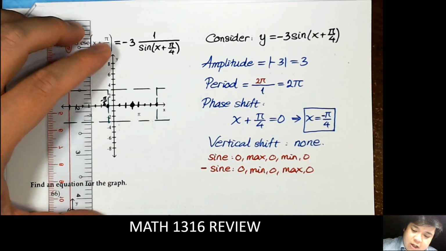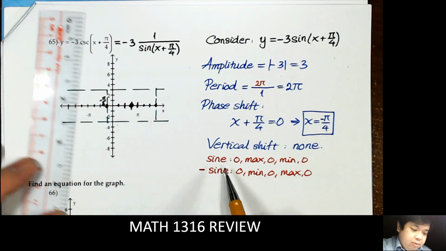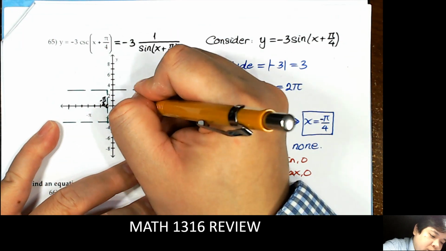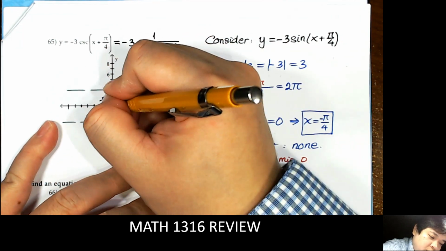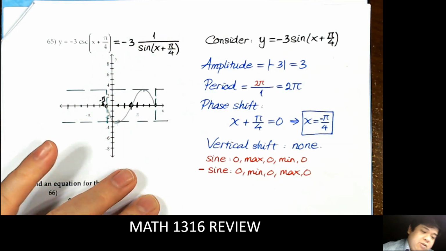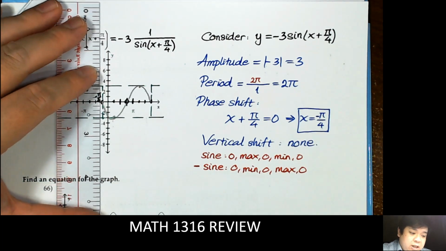Let's graph the negative sine first. So 0, minimum, 0, maximum, back to 0. So that is the graph of the negative sine. And now we go back to cosecant.